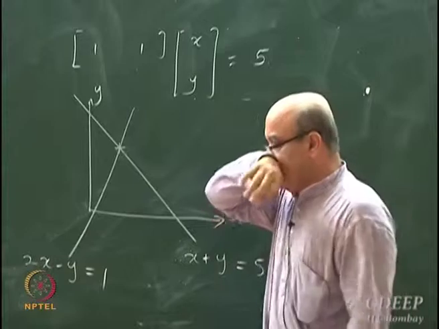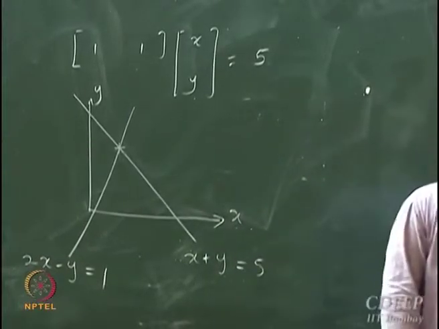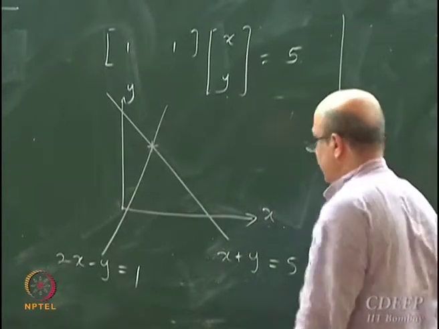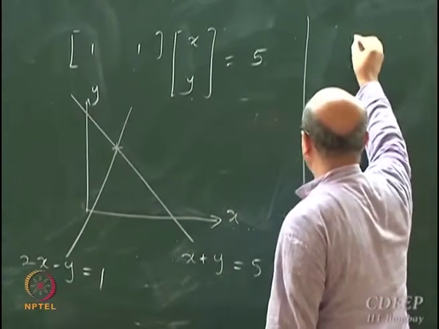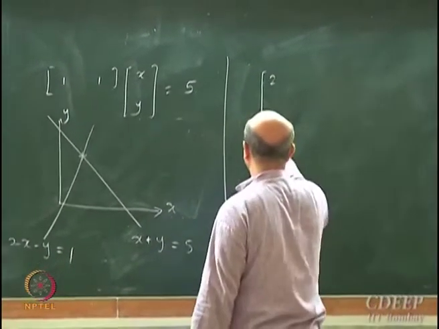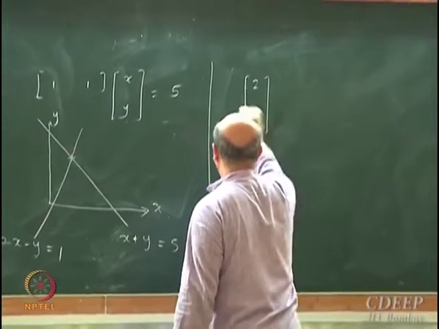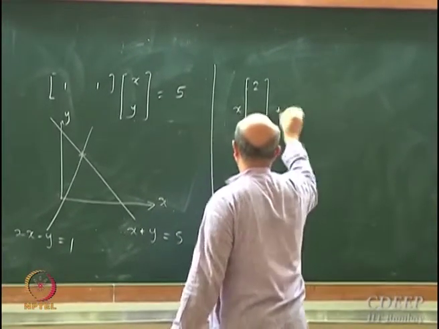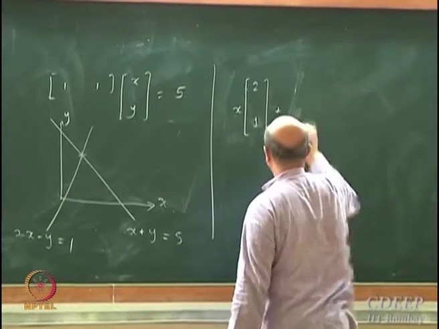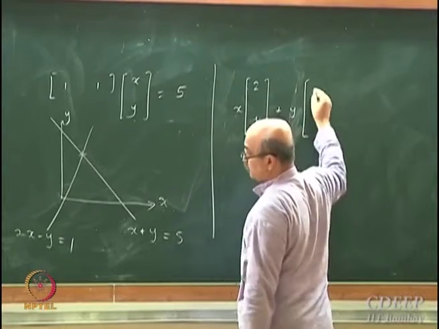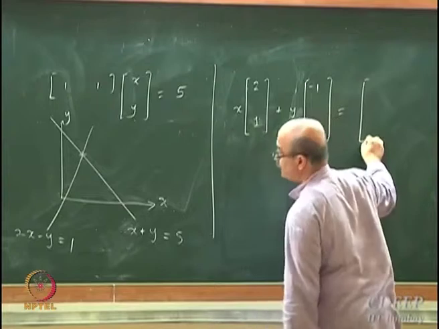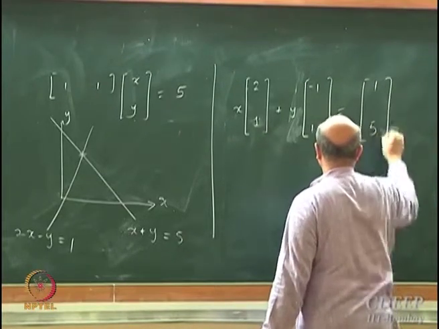The other interpretation is, of course, the column space interpretation, which comes from vector addition. So I could view this equation as [2 1] times x plus y times [-1 1] is equal to [1 5].